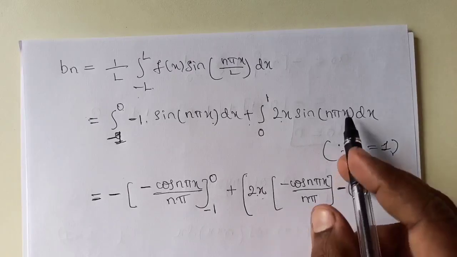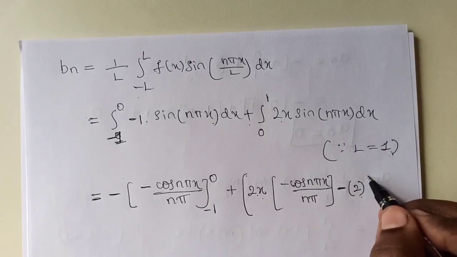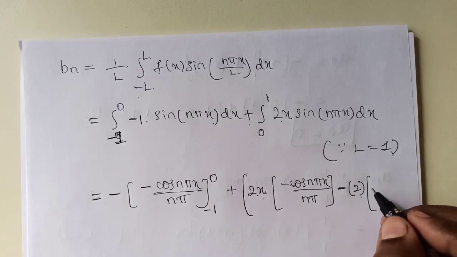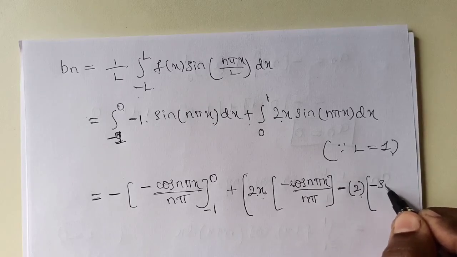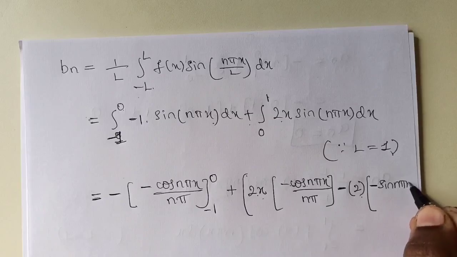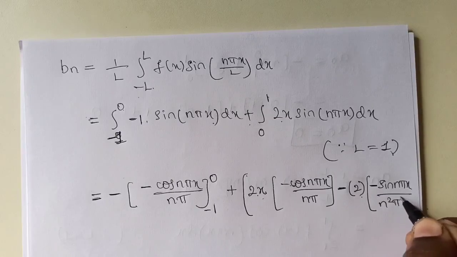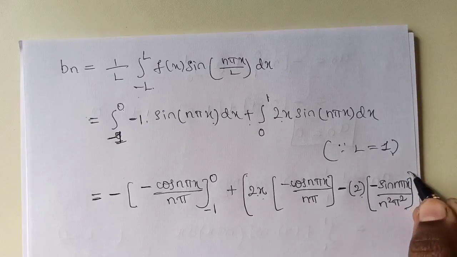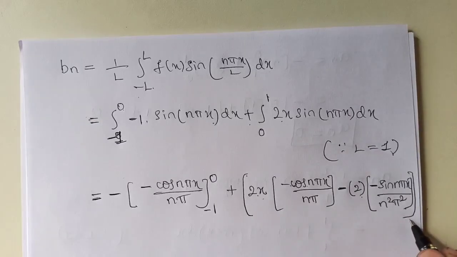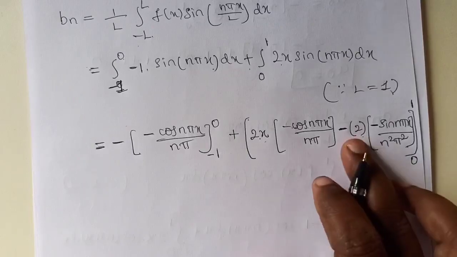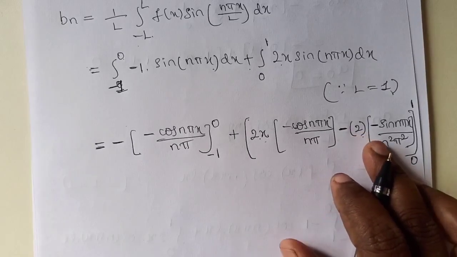Next again this cos n pi x integration is, minus as it is, sin n pi x divided by n square pi square, and the limits are 0 to 1.